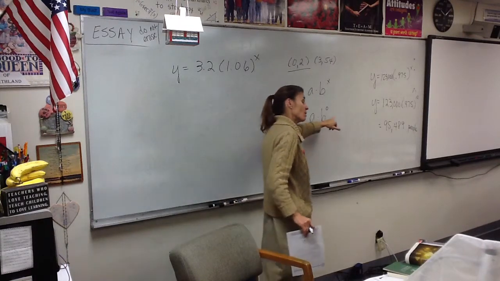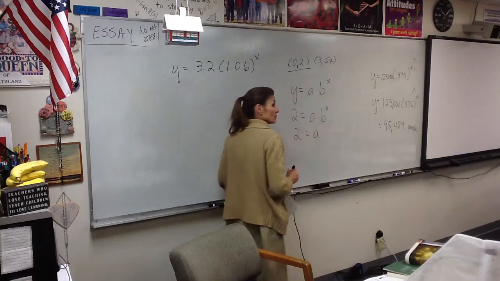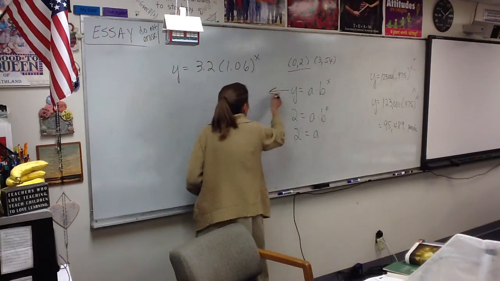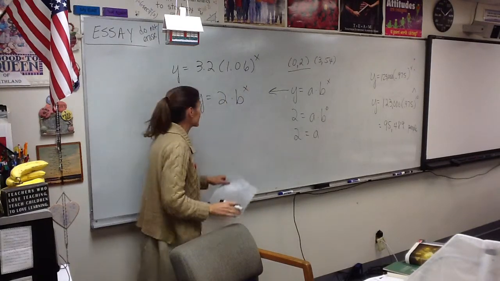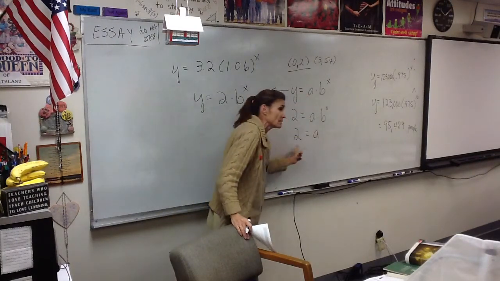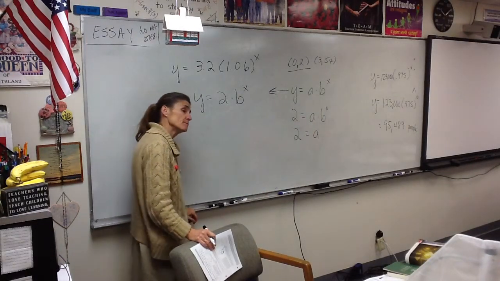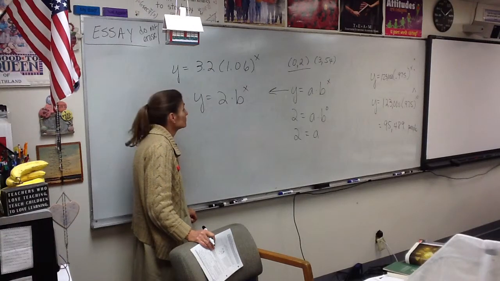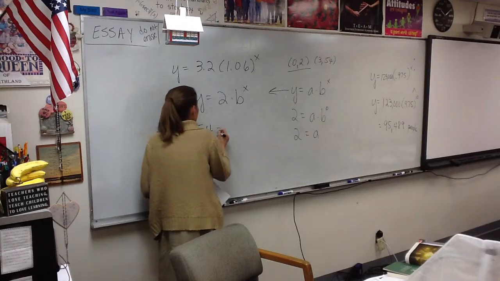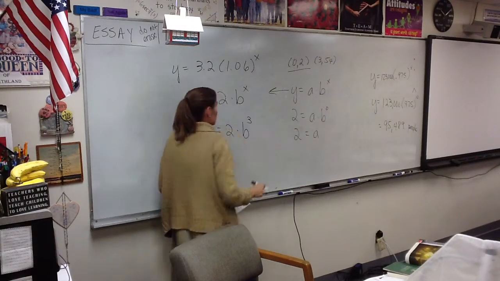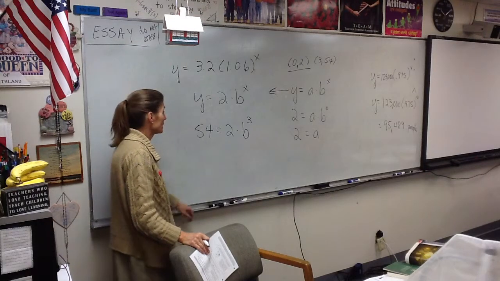Thomas, what's b to the 0? 1. So this says 2 equals a. So my equation is now y equals 2 times b to the x. Now what do I do next, Thomas? You bring the 54 for y and 3. Exactly. Plug in the other point.